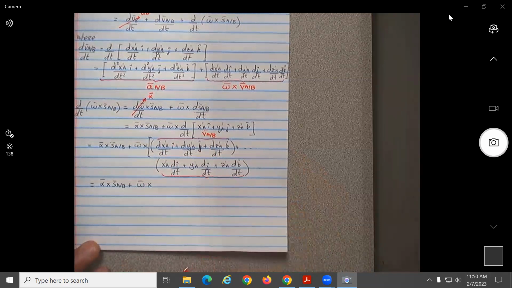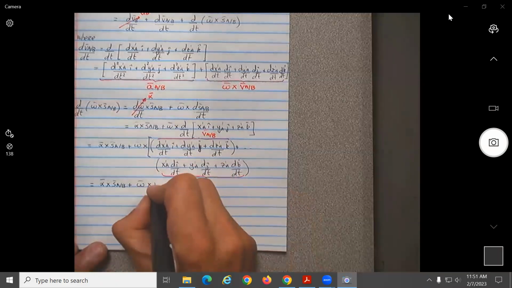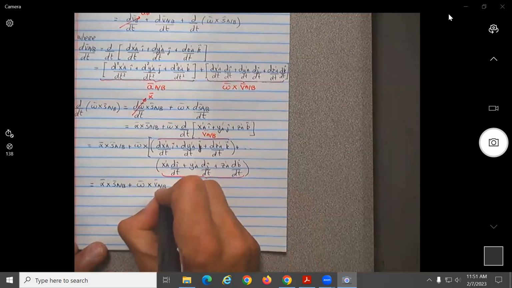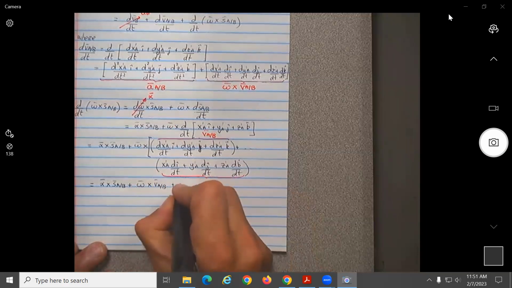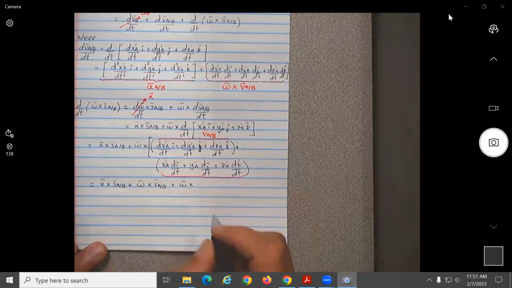What should be this one? So we get omega cross omega cross S of A with respect to B. That's the position, isn't it? Omega cross S_AB.